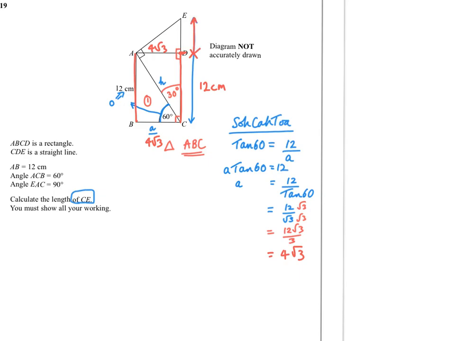Because this is a right angle here, and I've got this angle of 30, then this angle here, 90 and 30 is 120, that means this angle's got to be 60 degrees.